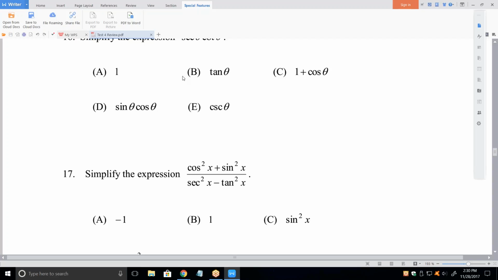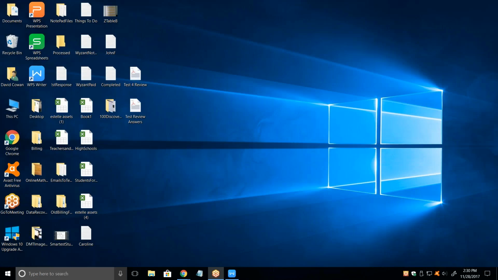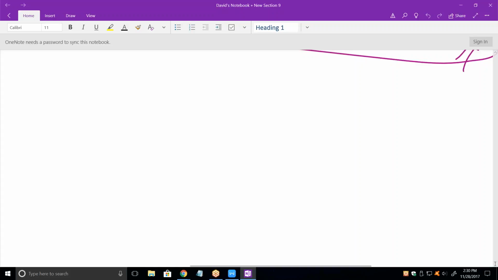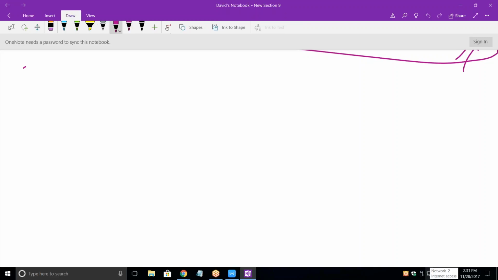Let me bring up my page here, so I have a fresh page to draw on. There's 11 that you have to know. 11 trig identities, and this will get you a long way. Okay? There are 6 reciprocals.